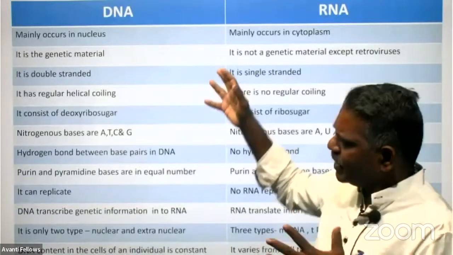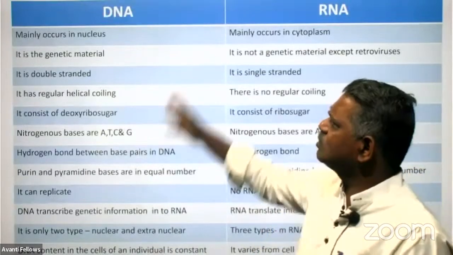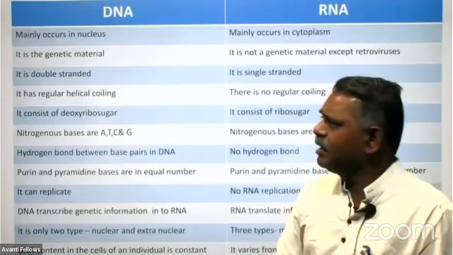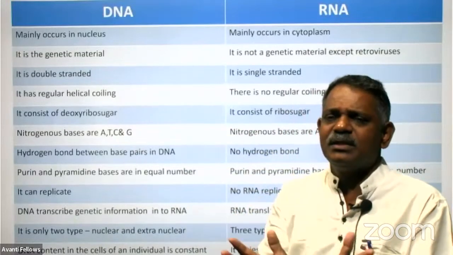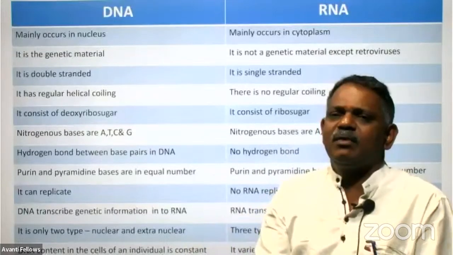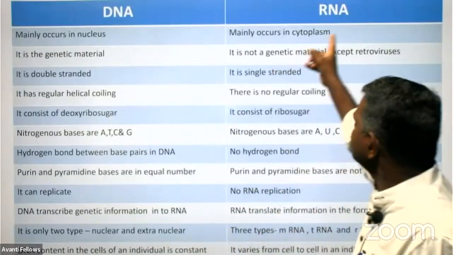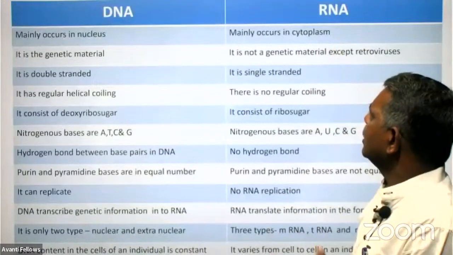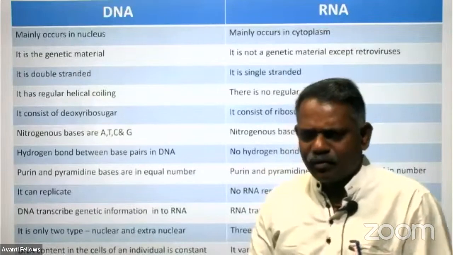But the content in the chromosome that expresses a character is the DNA only. It is present only in the nucleus, and it is well protected by the nuclear envelope, right? Whereas in the case of RNA, there is no RNA in the nucleus.